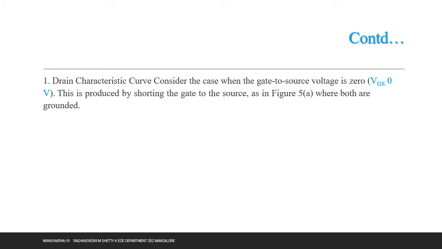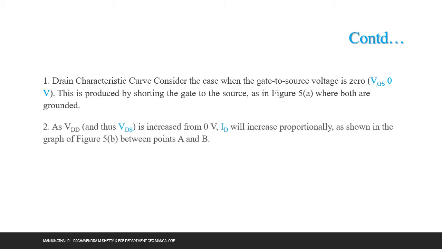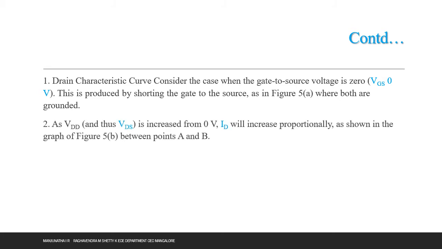That is the condition for the drain characteristic curve, and the source is grounded. As VDD is increased from 0 volts, ID will increase proportionally. We can observe that from figure B, the drain characteristic curve between points C and B.